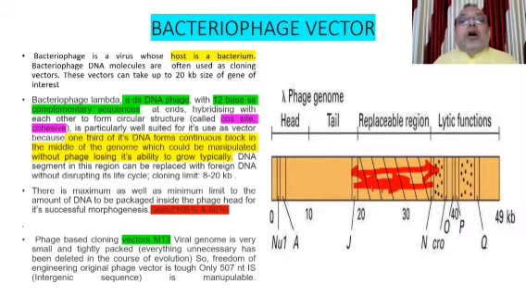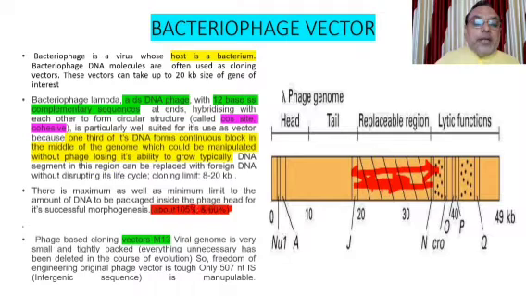So, for example, I'm citing this fictitious example totally to make the thing clear to you: if the lambda phage genome is 100 centimeters long, the genome along with the integrated foreign DNA should not exceed 105 centimeters. Similarly, it should not be less than 60% of the genome.